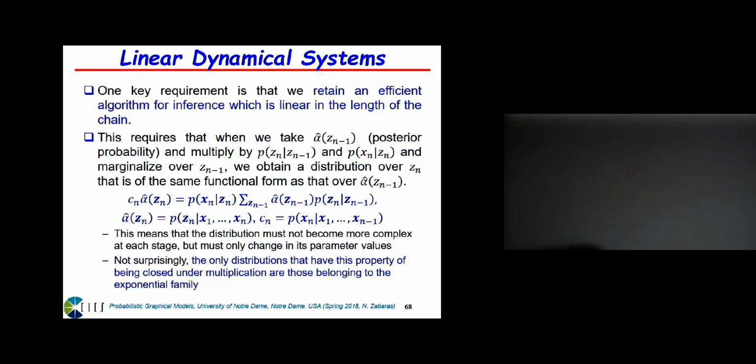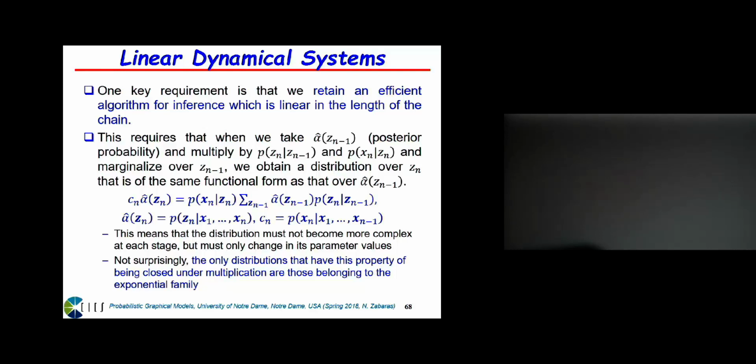And this coefficient Cn, a scalar, is basically the probability of xn given x1 to xn minus 1. Again, if rather than this filtering distribution you have the joint distribution of Zn, comma x1 to xn, you're not going to get that Cn, but more or less the equations are the same.